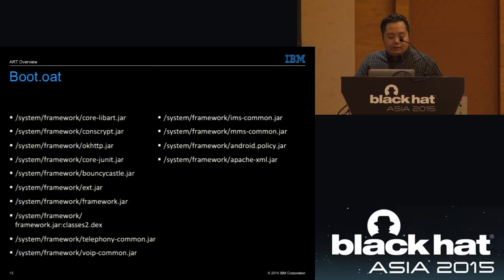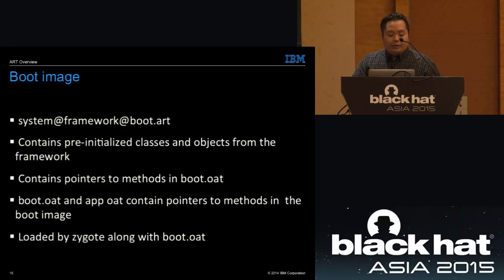And here's a much bigger list of all the framework jars that are included, at least on a Nexus device that I've tested. They include the core framework jar code APIs and some stuff for HTTP and some messaging APIs.